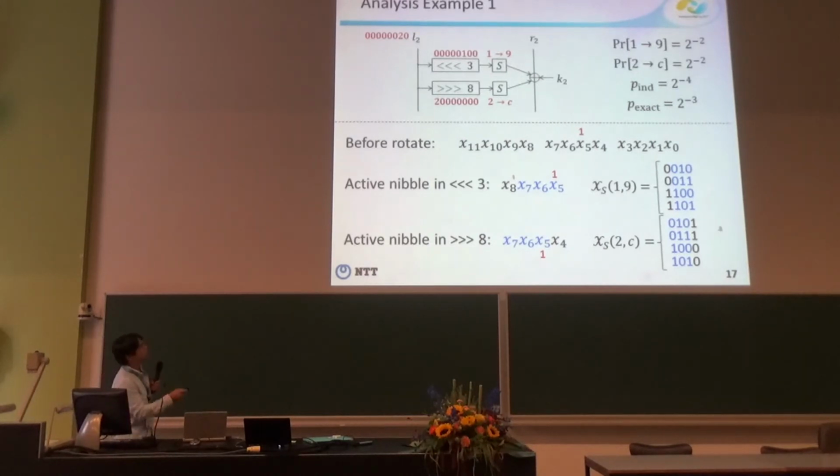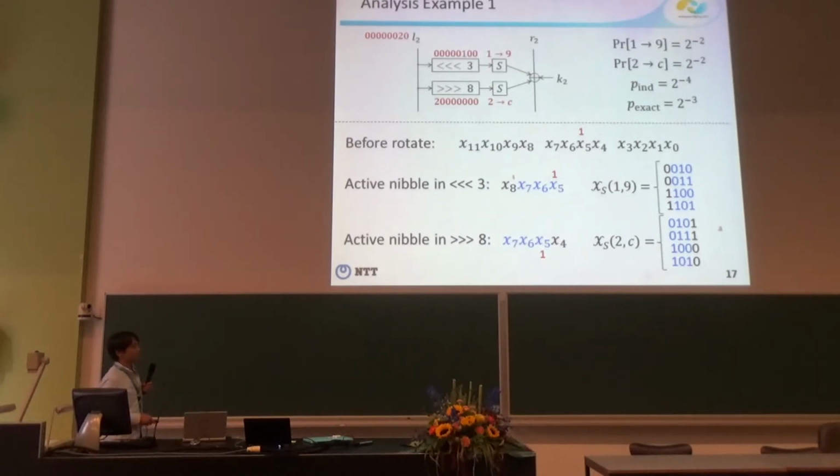Okay, so before rotation, the difference is in the 5th bit. And after left rotation by 3 bits, the active nibble is composed of those 4 bits. And the active nibble for the bottom is composed of those 4 bits. And you can see that actually 3 bits overlap. It's heavily overlapped.